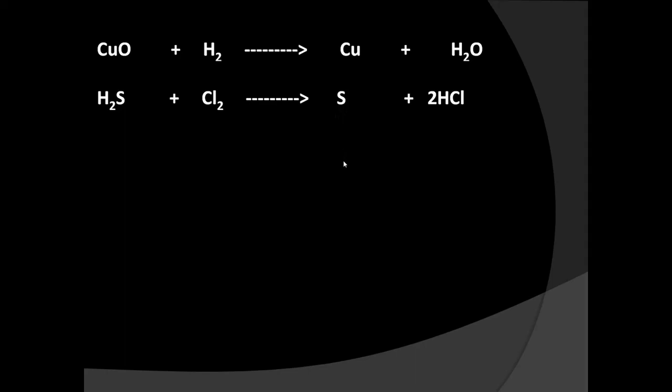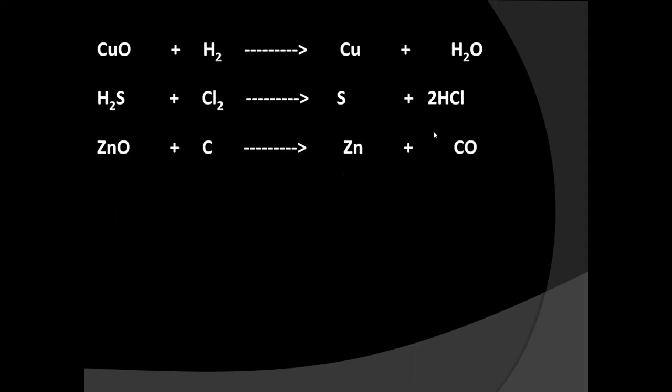So sulfur has reduced. So to HCl, chlorine has got, what has happened to chlorine here? Sorry, sulfur has lost the hydrogen, so it has got oxidized. So chlorine has gained the hydrogen, so it has got reduced.